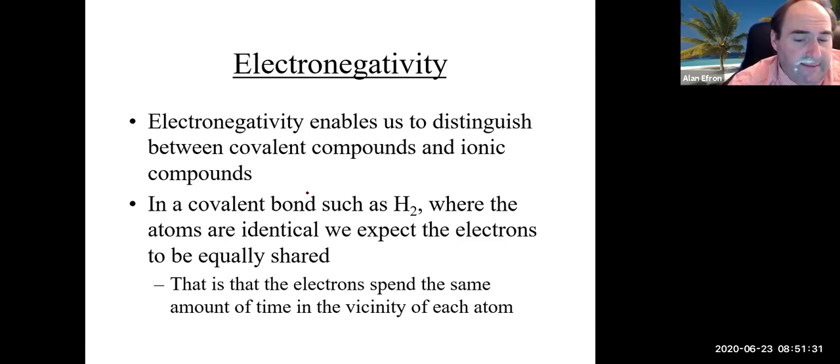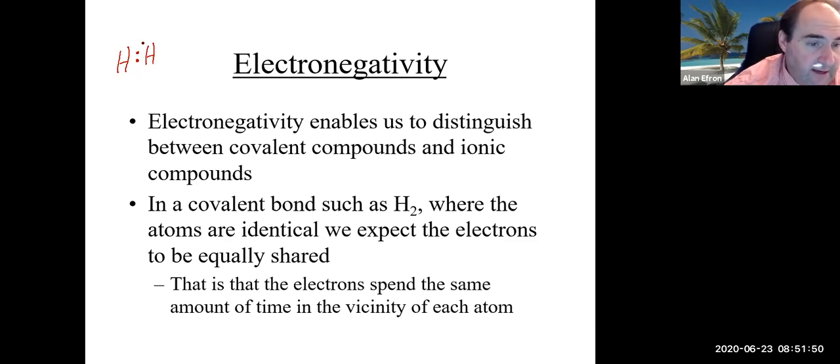Now, when we take something like H2 that we saw earlier, because they're both hydrogen, the attraction of those electrons to each of the atoms in that bond is going to be relatively equal.